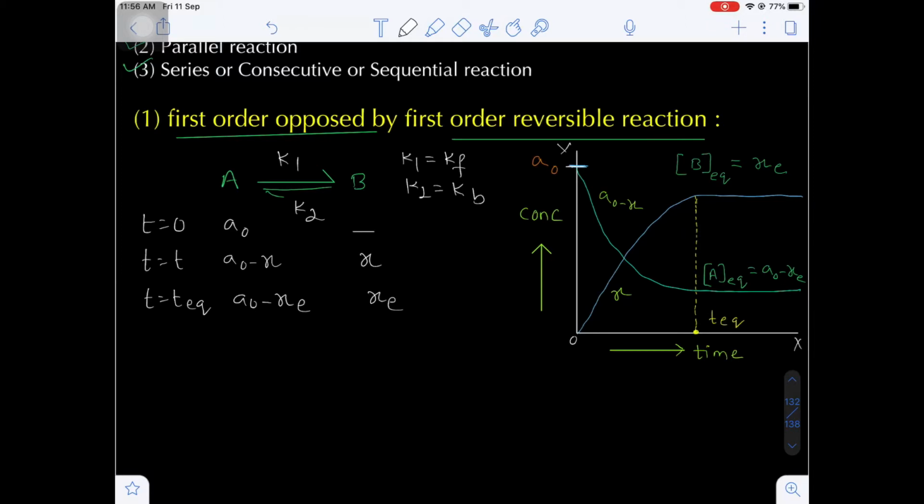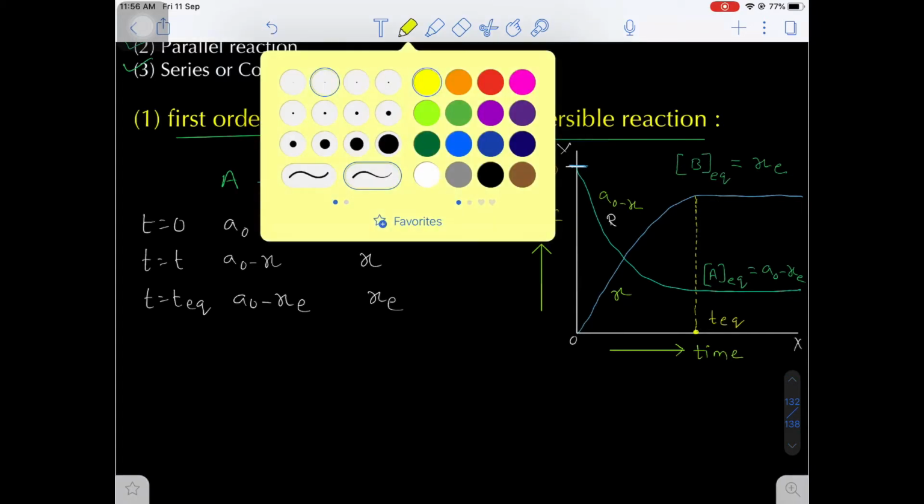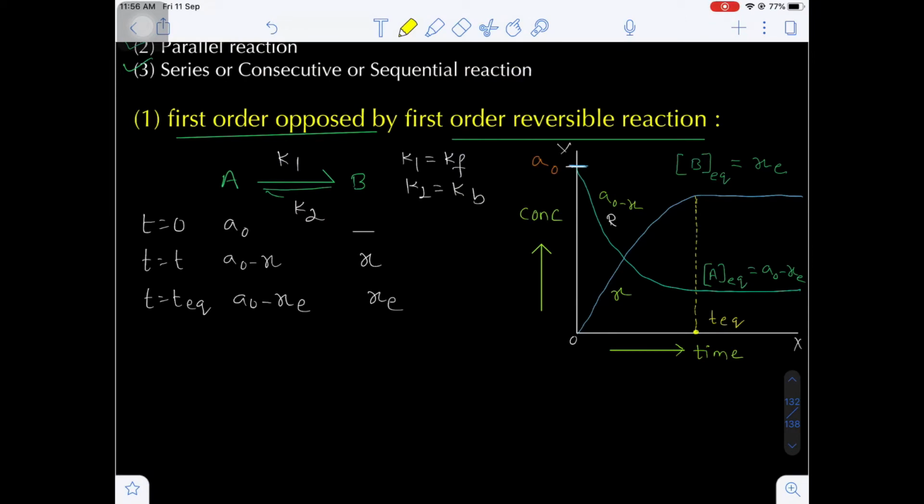That's why the concentration of reactant slowly decreases. In this graph, this is corresponding to the reactants graph, and this is corresponding to the products graph.